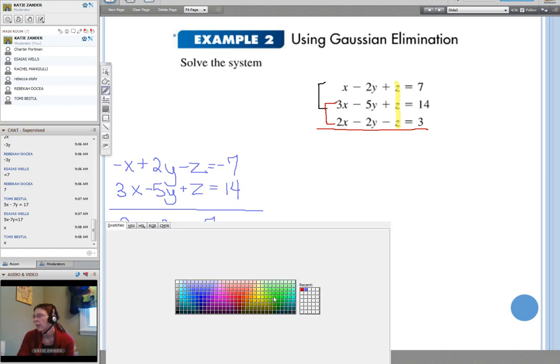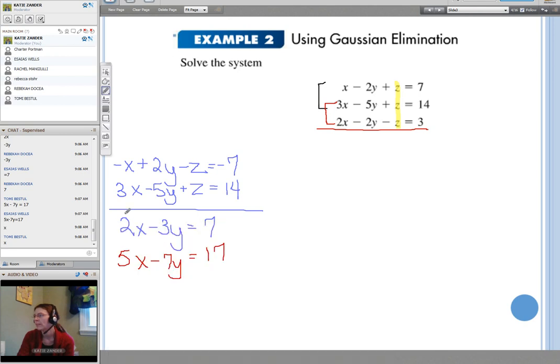What would you like to multiply equation 1 by? The 5, okay. And you can do a negative 5, Isaias. If you're going to do a 5 in equation 1, you've got to do a negative 2 in equation 2. So the negative sign can either be applied to the 5 or the 2. It doesn't really matter, but it has to be applied to one of them, right? Because you need opposite signs there.